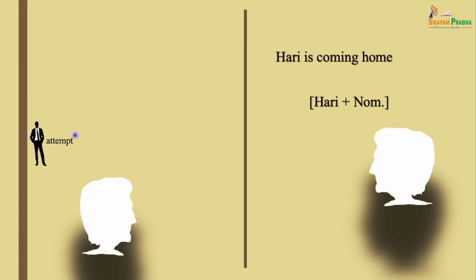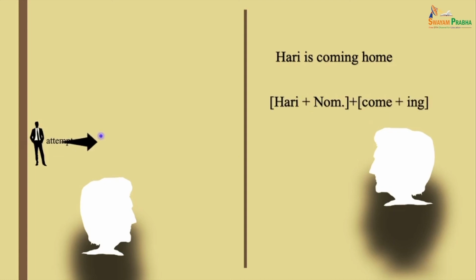So when I go somewhere, I have an attempt which instigates some going, right? That attempt in Sanskrit is called kriti. It is a kind of subjective effort which the agent has. So Hari gives Hari, which is the meaning of the word Hari, and the nominative ending gives the attempt.